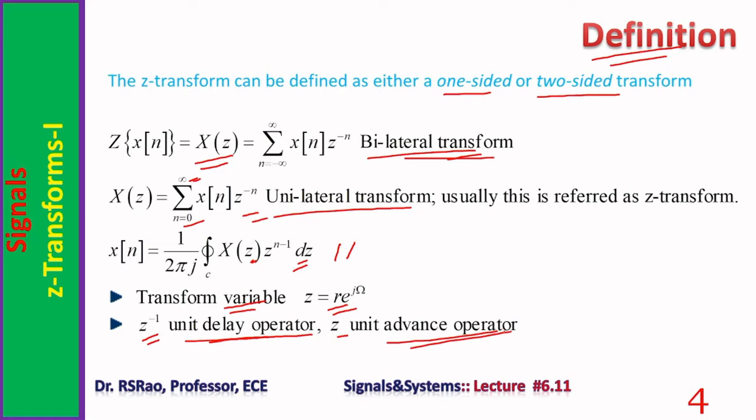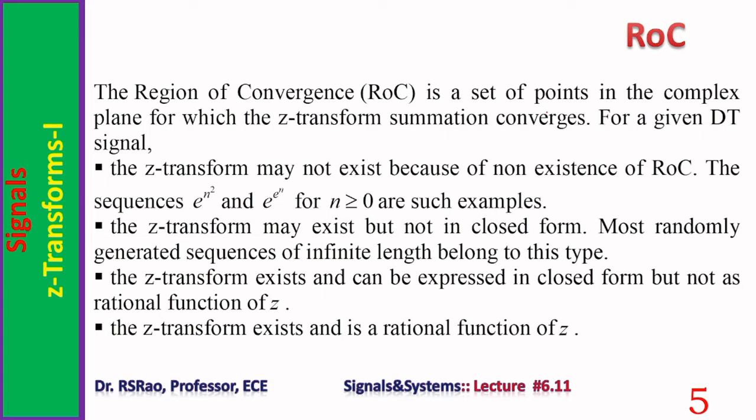Notice the similarity between z and s of Laplace transforms. s is also complex, usually denoted by sigma plus j omega, but z is indicated as r e power j omega.